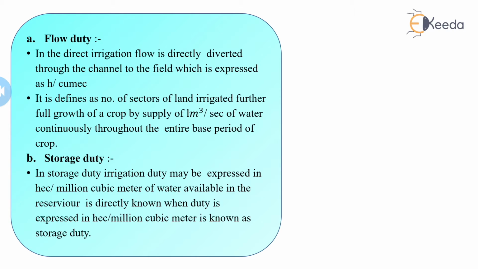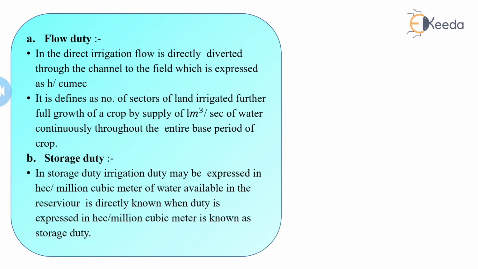Third, by the number of hectares that can be irrigated by a million cubic meters of stored water, and fourth, by the number of hectare meters expended per hectare irrigated. So in these four manners, we can judge or expect the duty of water.